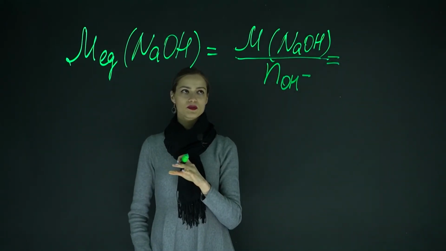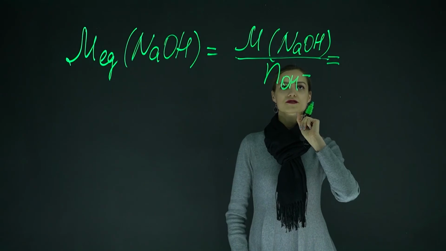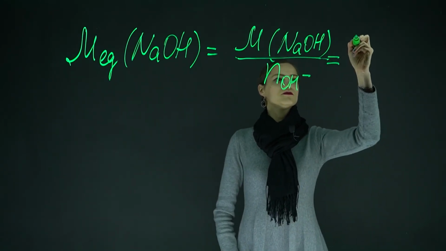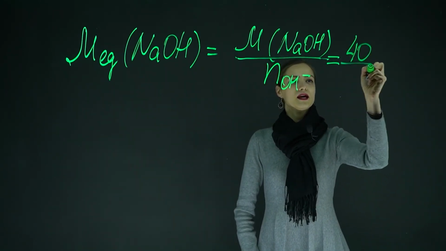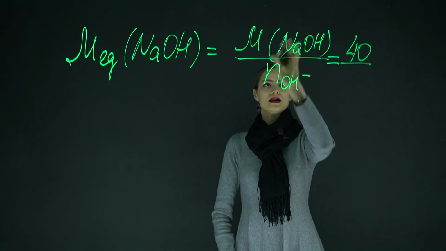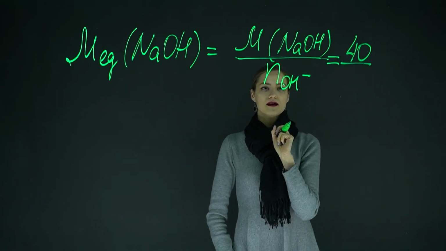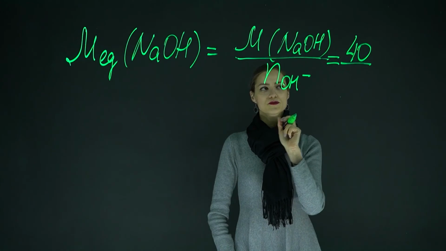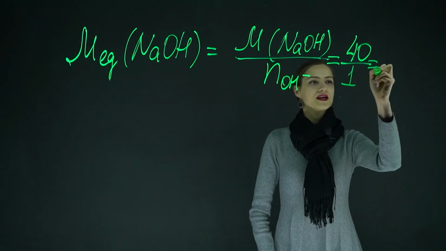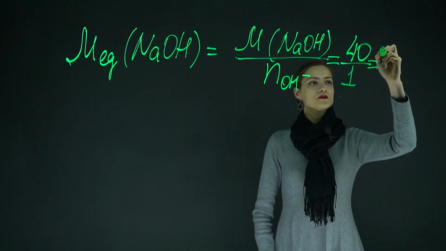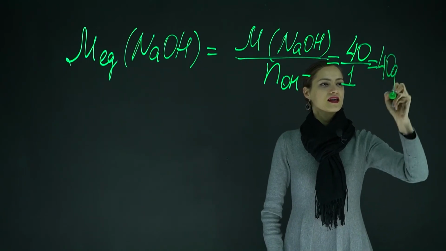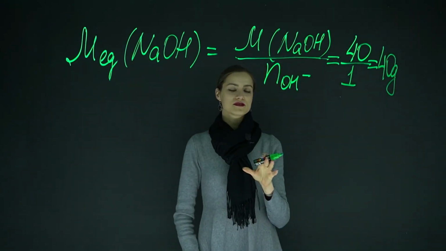According to the periodic table, molar mass of sodium hydroxide equals 40, and as you see, in this alkali the number of hydroxyl groups equals 1. So in this situation, equivalent mass and molar mass are absolutely the same.